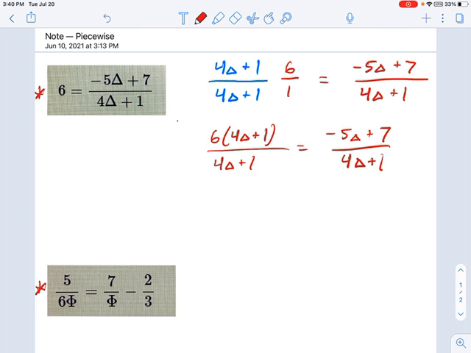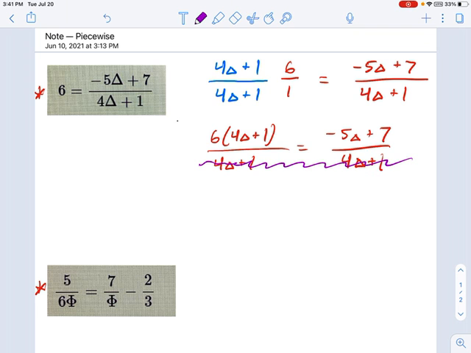And now here's a special trick that you can do with rational equations, which you cannot do when you're just adding up rationals. The reason we can do this special trick is because of this wonderful symbol here. That equal sign lets us get away with all sorts of nonsense that we couldn't do with regular fractions. Here's what you get to do. You just get to cross out everything that's on the bottom. As long as you're crossing out both sides of the equation's denominators, you can do it.